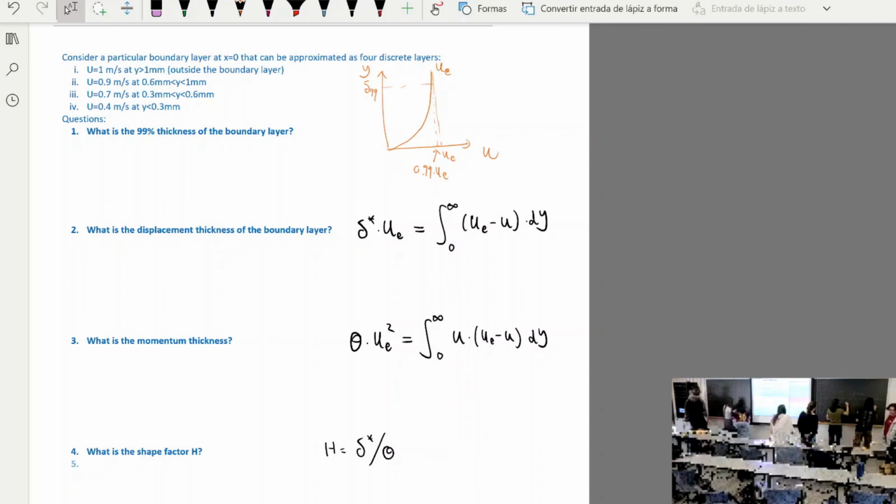So this is not the same thing, but this U is squared. Why is this 0.9? If you look at this, it's UE minus U. So this would be 0.1 instead of 0.9. This would be 0.3 instead of 0.7, and this is 0.6 instead.